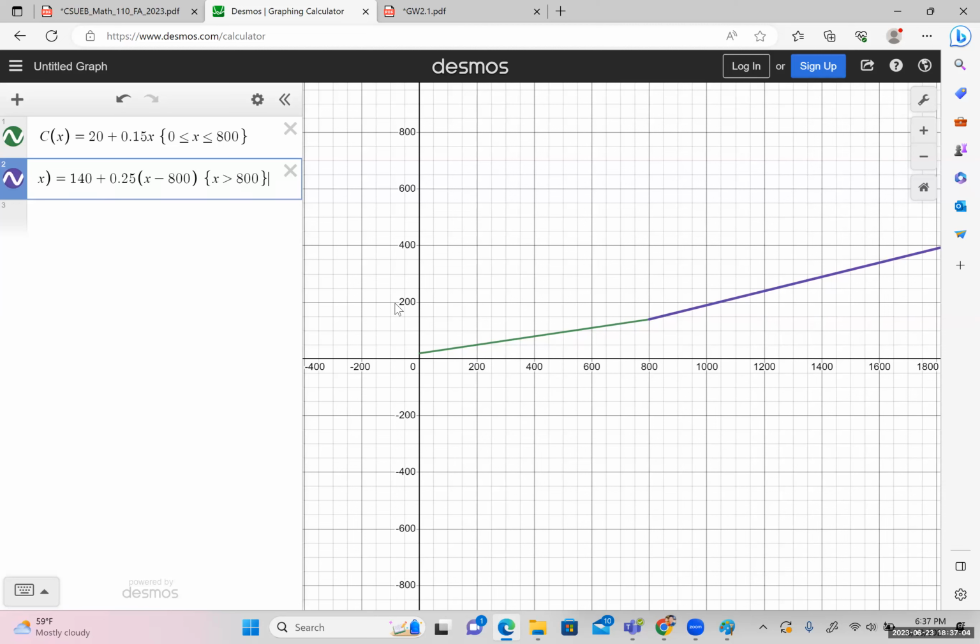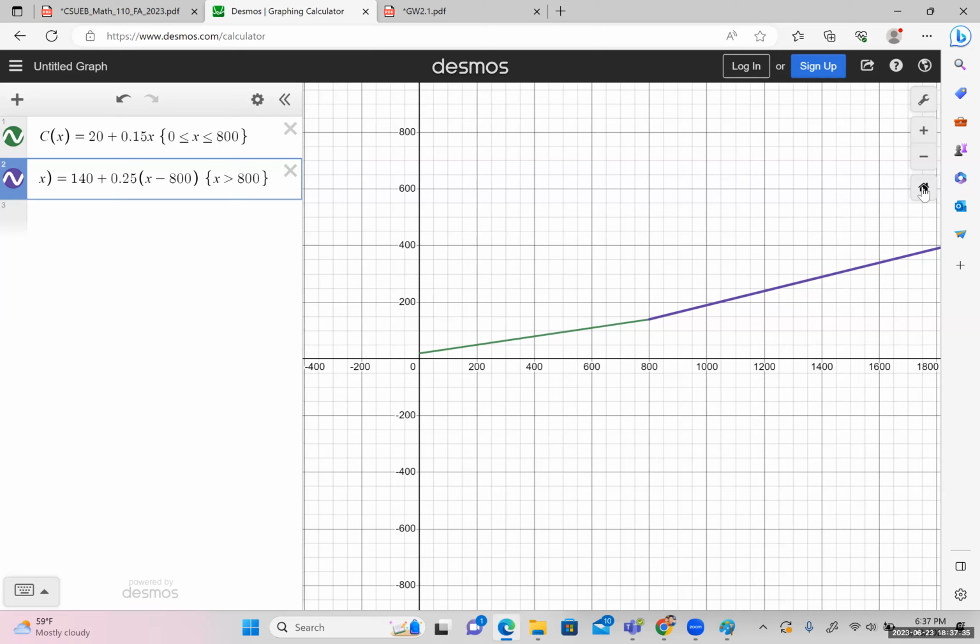So yeah, now you can see that the graph becomes two segments, right? Between 0 and 800, there is a segment with a different slope from the ray going to positive infinity.